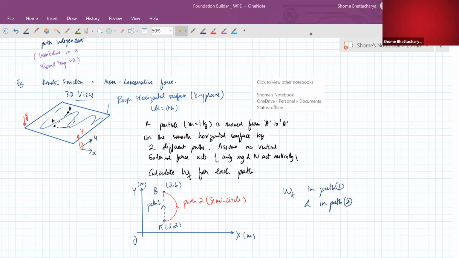You have to do this calculation yourself and send me the answer. You have to calculate the work done, Hitanshu. You have given me the path lengths, but you have to calculate the work done by friction in each of these.